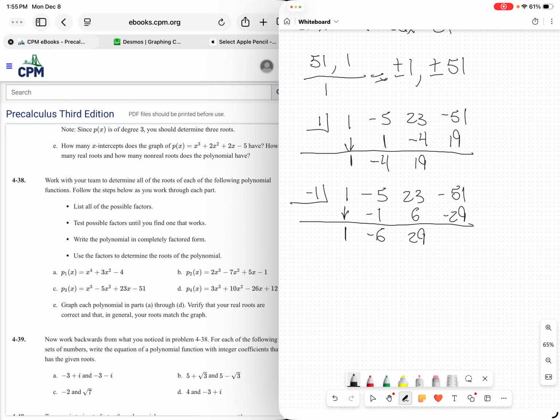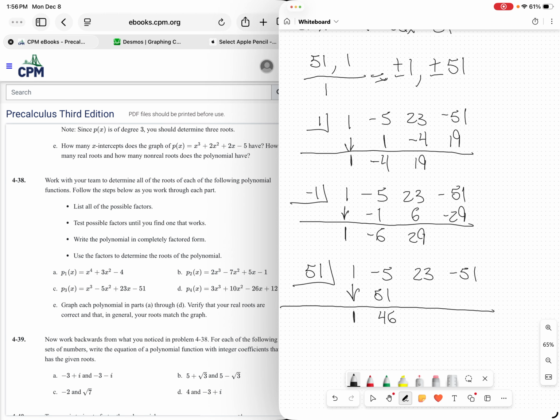So let's try 51. This is going to be really big. 46. 46 times 51 is going to be a massive number, right? So it's definitely not going to work there.